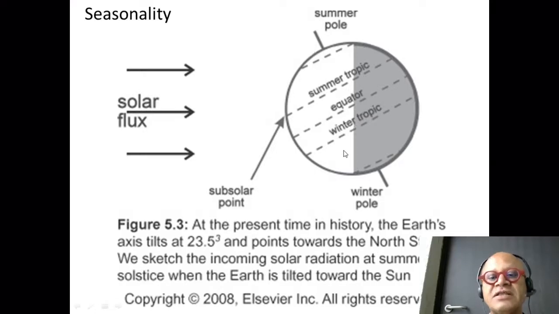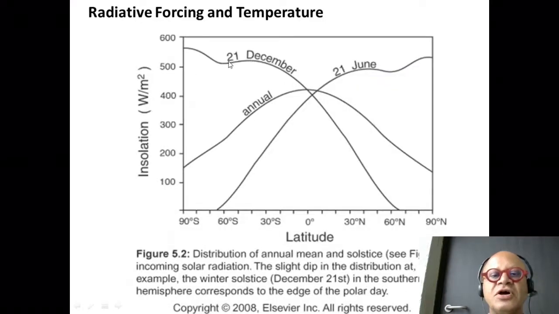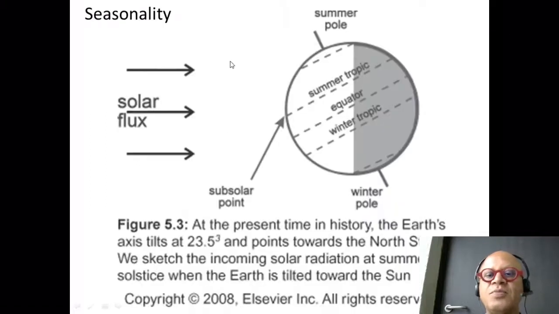And you can see that during the summer, the radiation is distributed this way, where you have darkness beyond the polar circle here, and daylight beyond the polar circle here. So this is what gave us the dip at these latitudes of the polar circle.